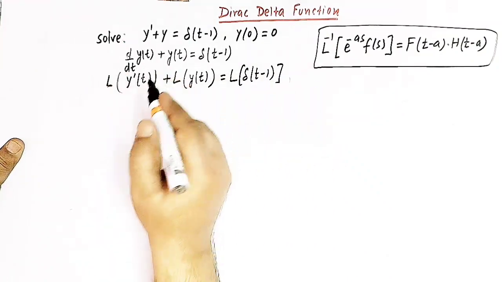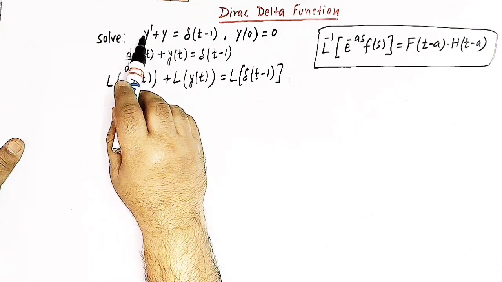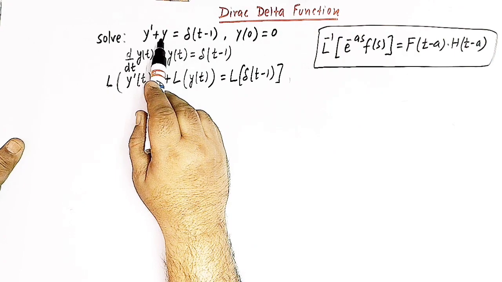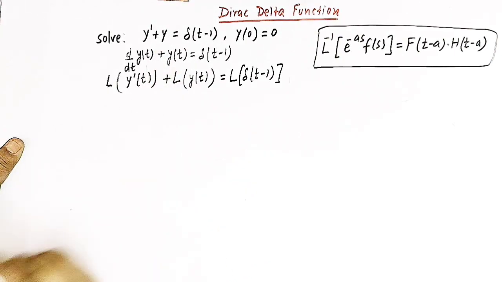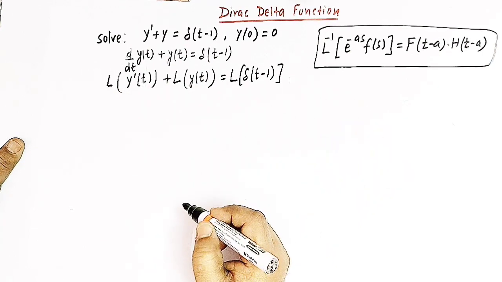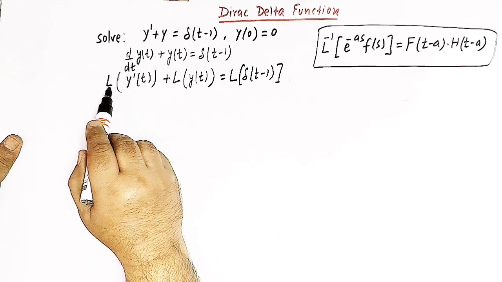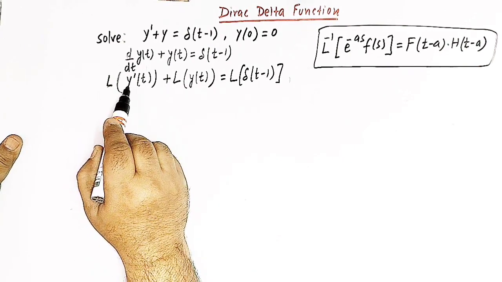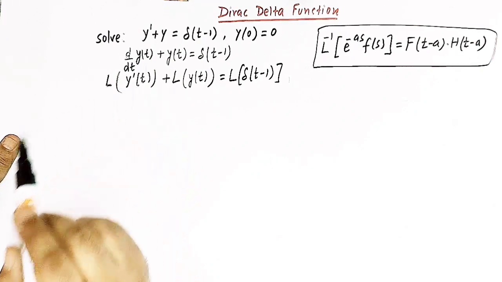Here we are using the notation y prime of t for y prime, and y of t for y. Now let us use another important result, the Laplace transform of derivatives, because we have the Laplace transform of the derivative of y of t.